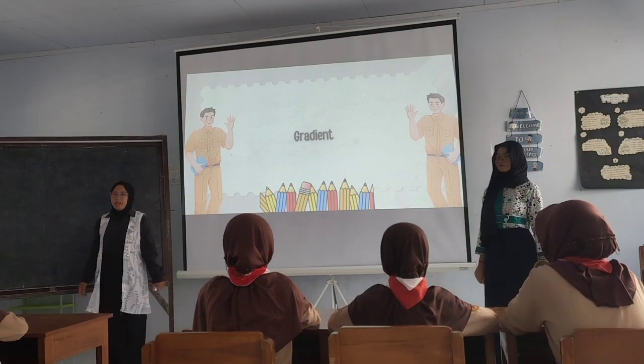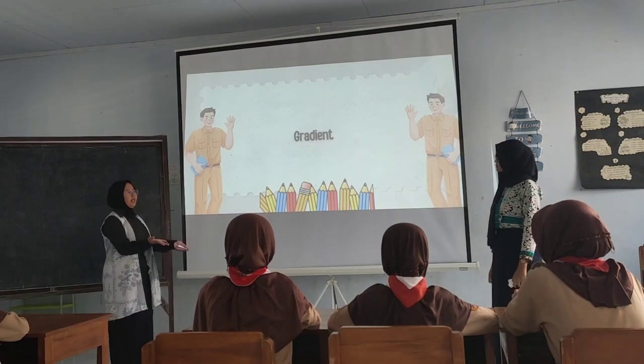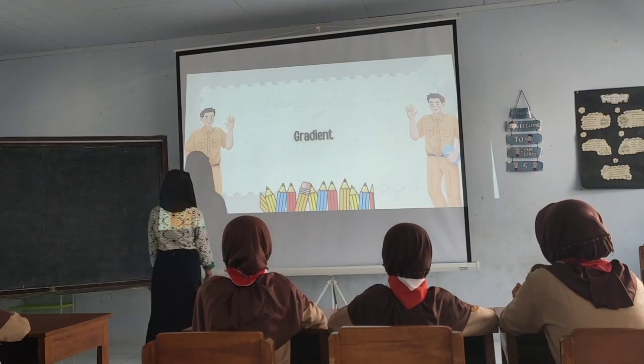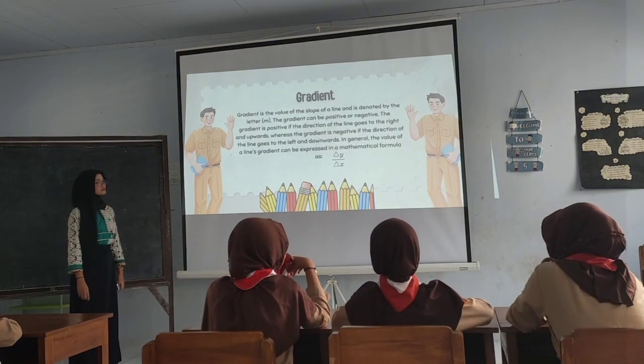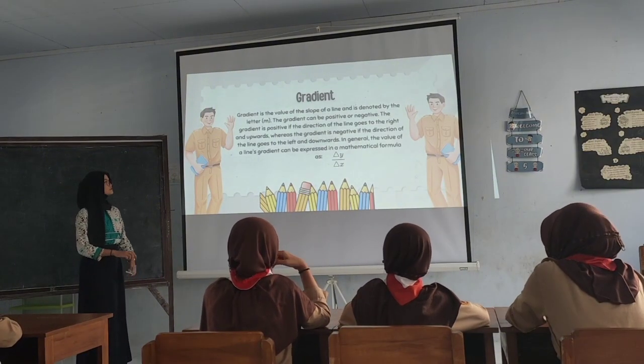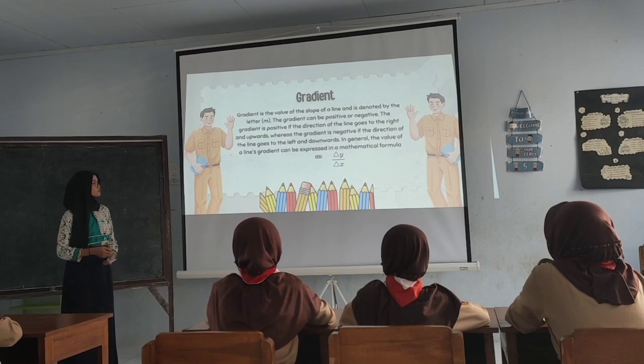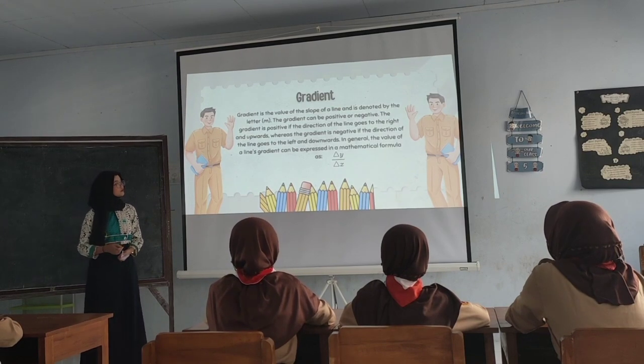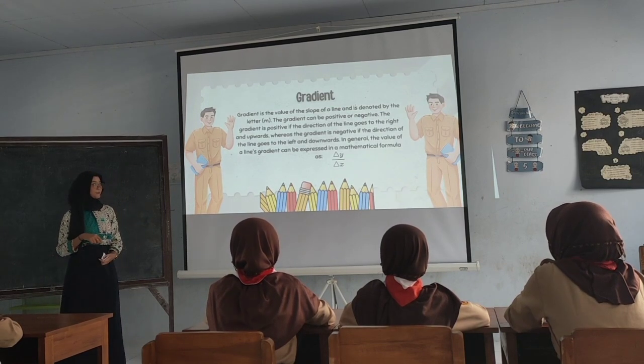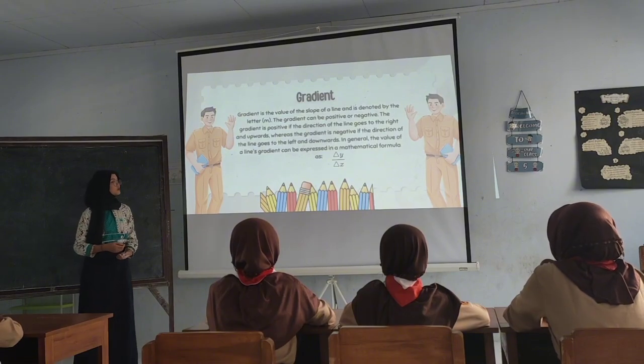Okay, the next material is with Miss Anissa. Gradient is the value of the slope of a line and is denoted by the letter m. The gradient can be positive or negative.